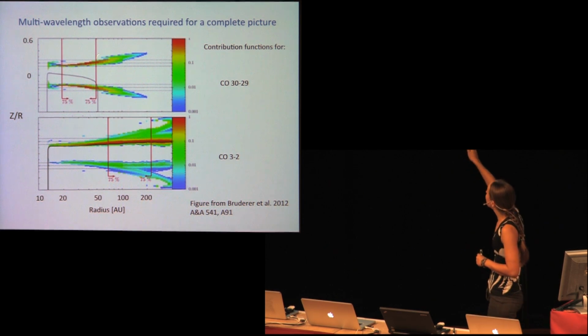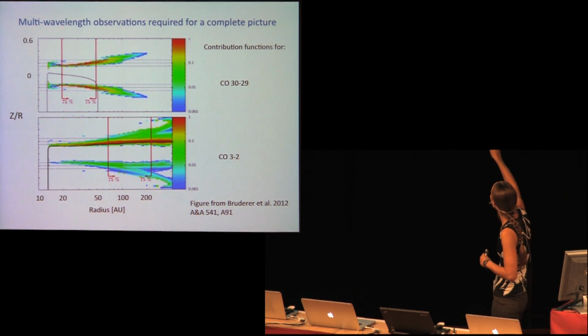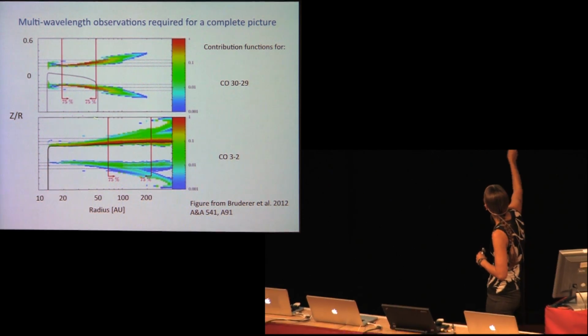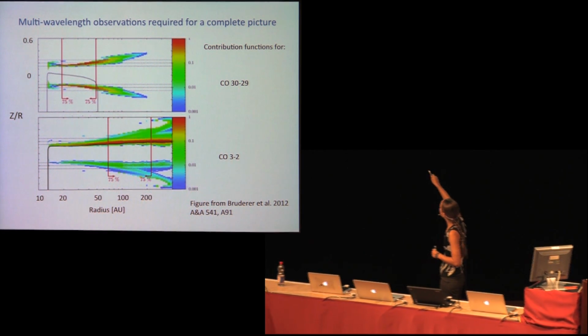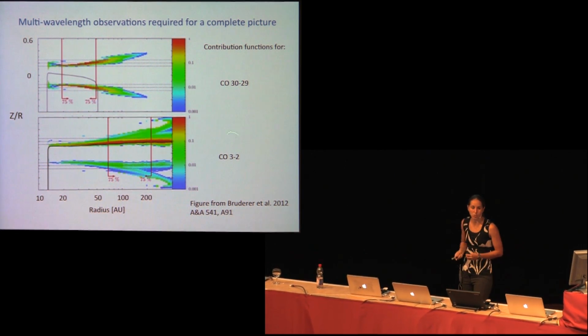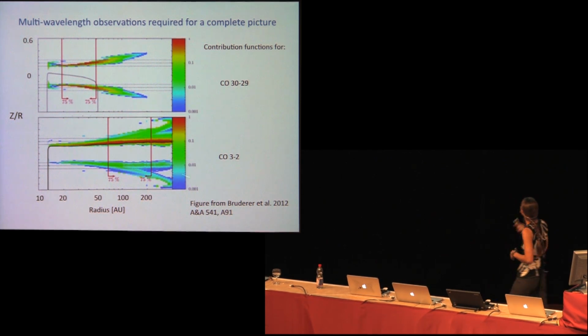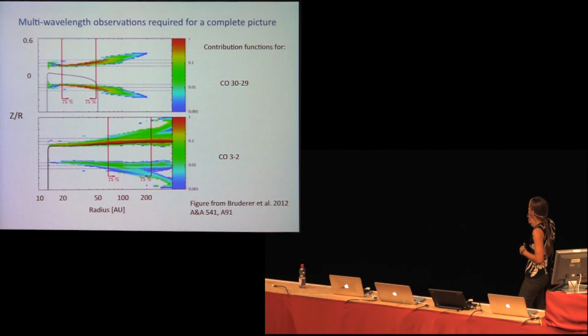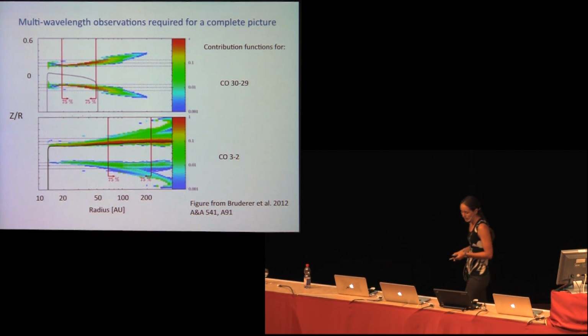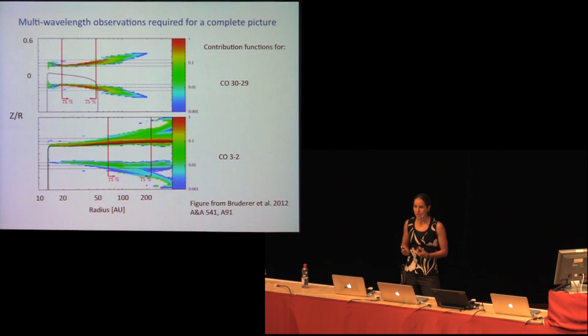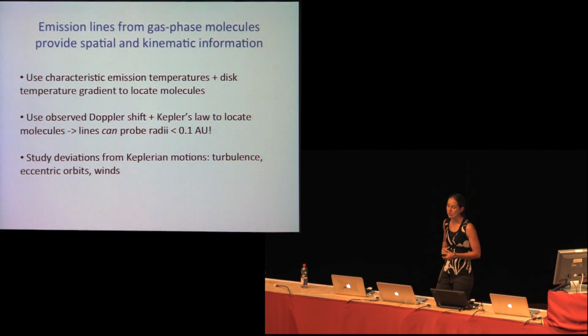You're looking up from above, and what you see is that if you look, for example, at CO 30 to 29, you're probing mostly the disk in the tens of AU region. On the other hand, if you look at a low-lying transition, 3 to 2, for example, you're now probing much further out in the disk. And it's the combined observations of all of these transitions that gives us a complete picture of a disk.